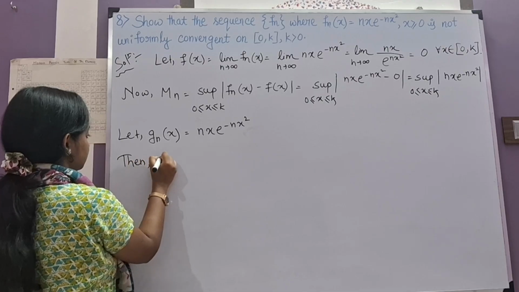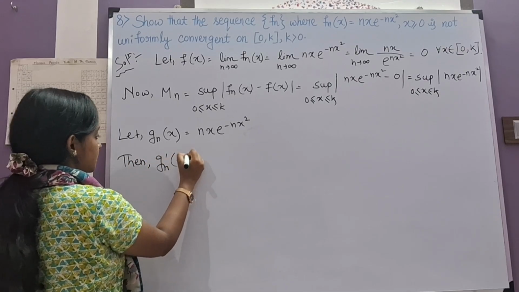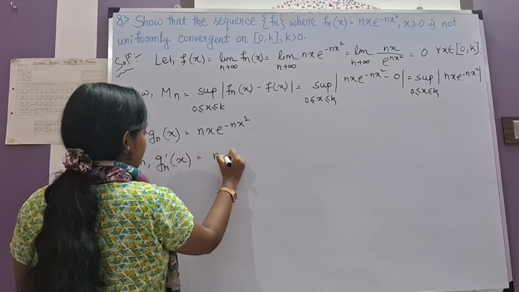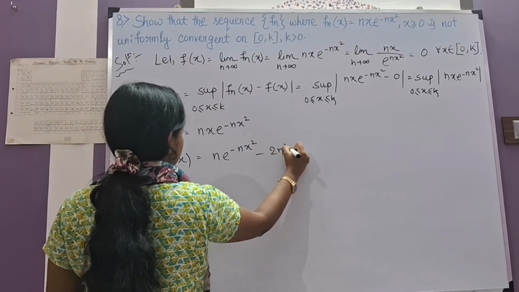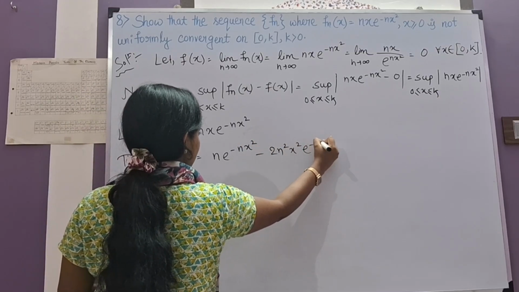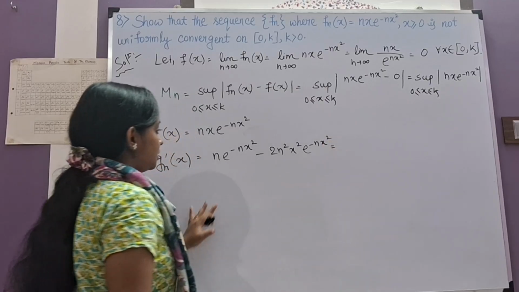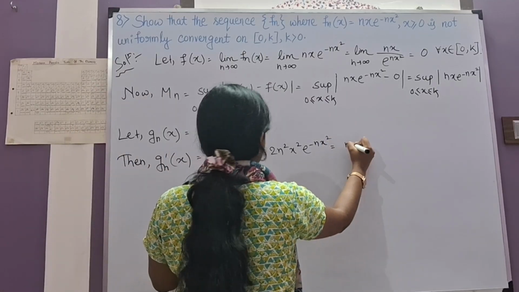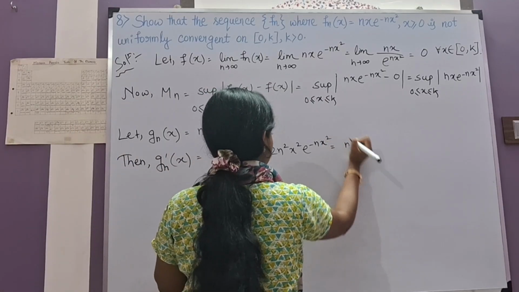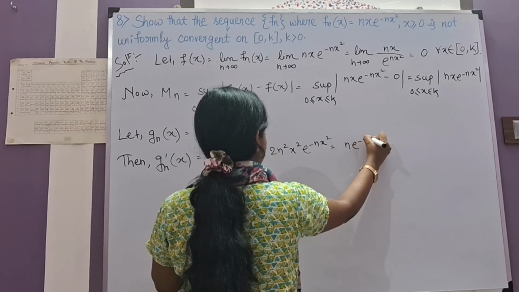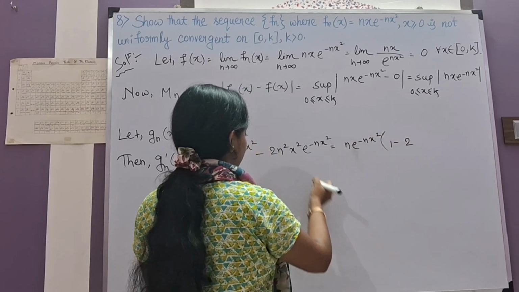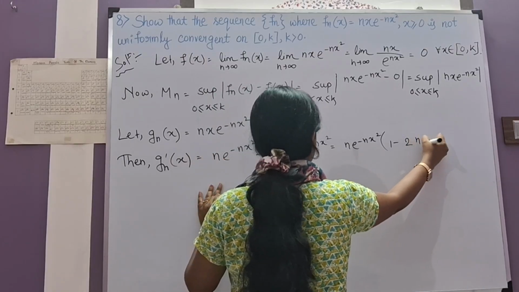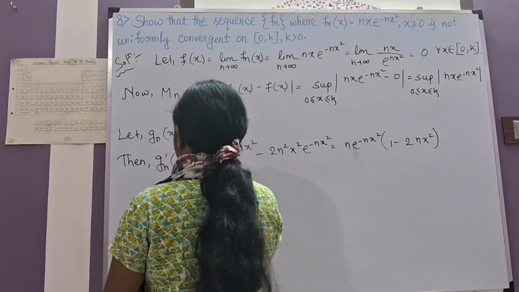Then g dash n of x equals n into e to the power minus nx squared minus 2 n squared x squared e to the power minus nx squared, equal to n e to the power minus nx squared (1 minus 2 n x squared).